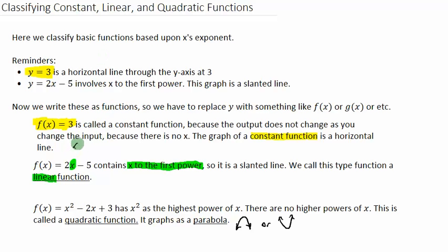On a constant function, you get a horizontal line. On a linear function where you have an x to the first power, you get a slanted line. It could have a negative slope too. And whenever you start raising the variable to higher powers like squared, you start curving the line instead of getting straight lines. So there are constant, linear, and quadratic functions.